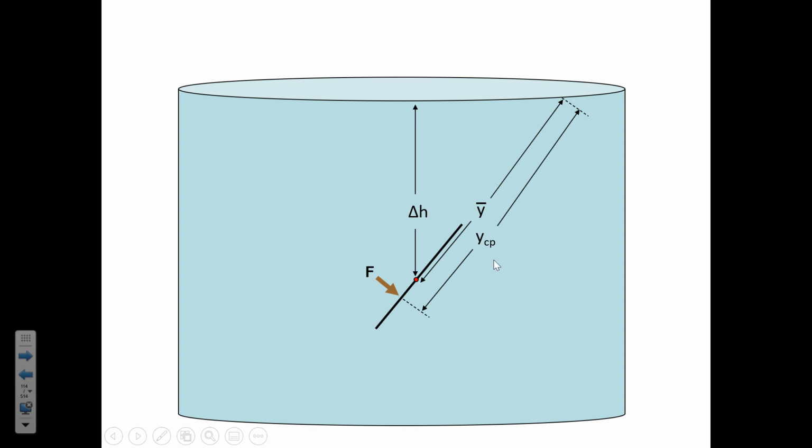CP stands for center of pressure, because the center of area is this red dot, but the equivalent hydrostatic force is located at the center of pressure acting on the gate. So if you want to find out where that force is applied, you have to calculate YCP, the inclined distance from the water surface to the center of pressure. There's a formula for YCP, and once you calculate it, that will help you identify where the force is applied.